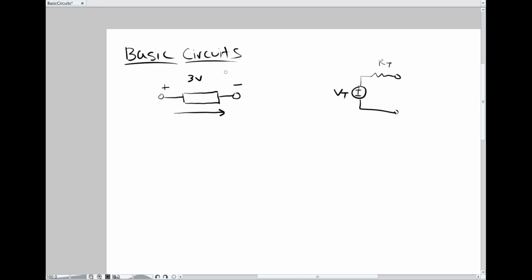More specifically, though, voltage is how much energy it takes to move charge from one side of the element to the other. So 3 volts, defined the way I've defined it here, putting a plus on the left side and a minus on the right side, means that it takes 3 joules of energy to move 1 coulomb of charge from this minus side to this plus side.